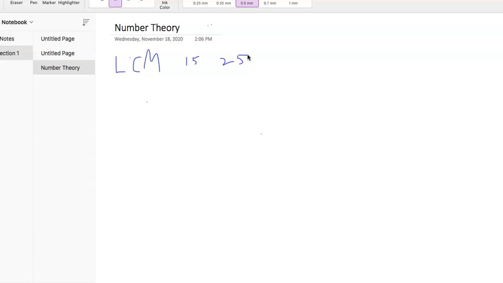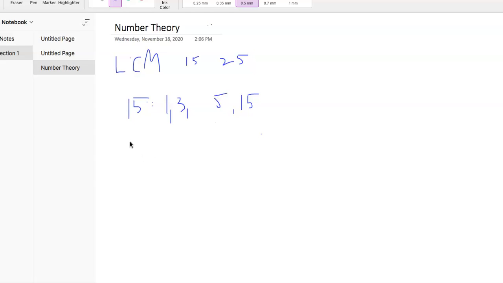Okay, so for 15, we'll start with that one. 1 times 15 is 15, and then 2 doesn't work, 3 and 5 works, and that's it.